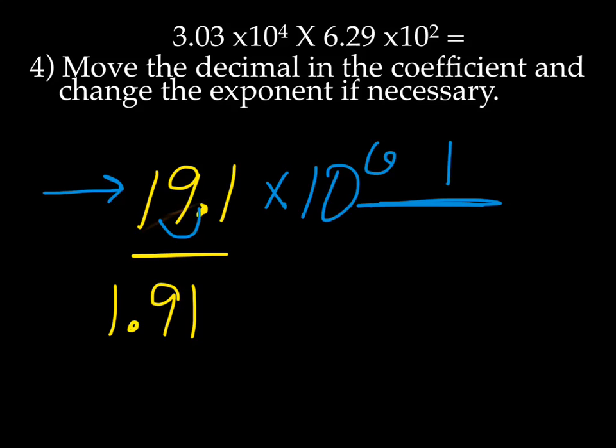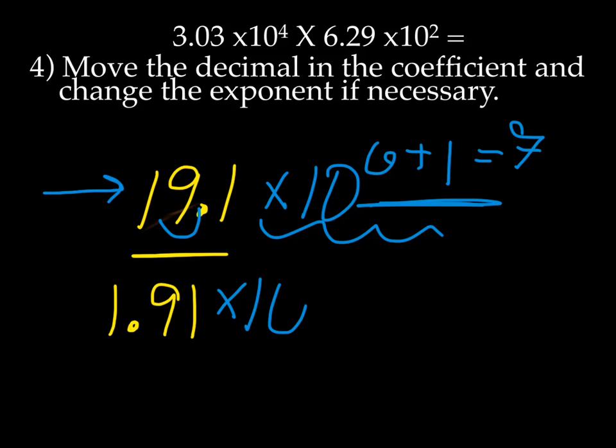Bigger than 1 or smaller than 1? Well, 19.1 is bigger than 1, so the exponent is a positive number. So right now we have a new exponent of 6 plus 1, which we would write as 7. So our final answer is 1.91 times 10 to the 7th.